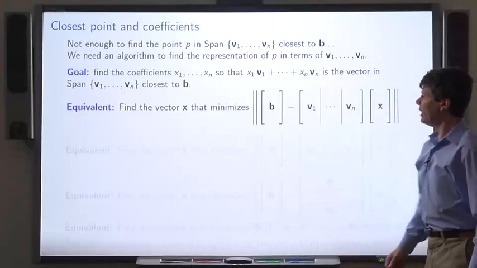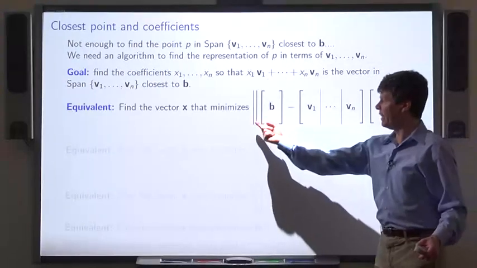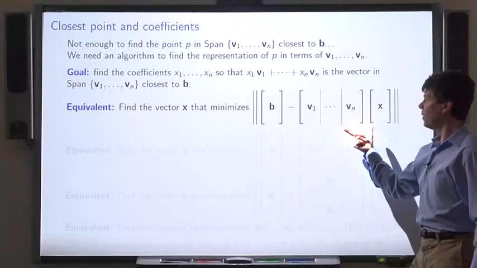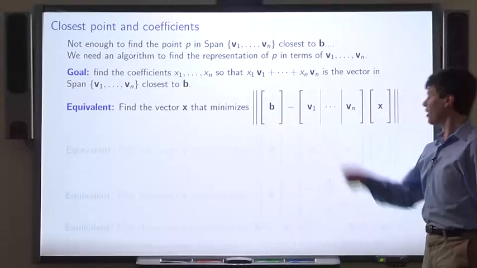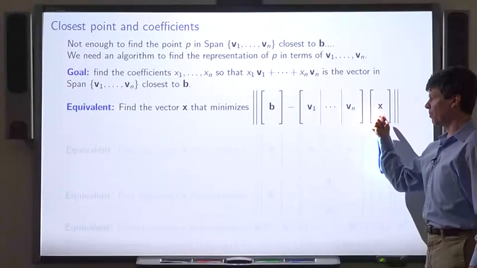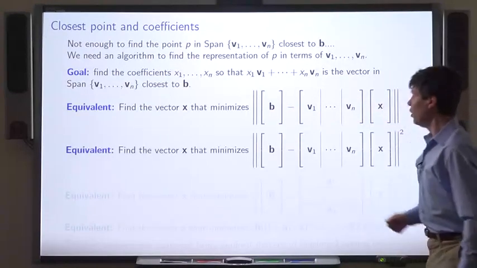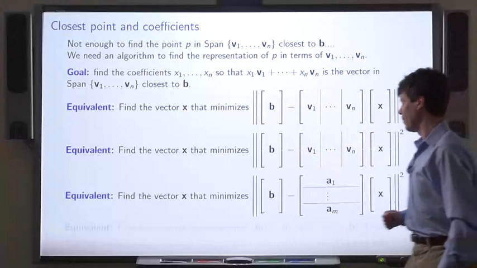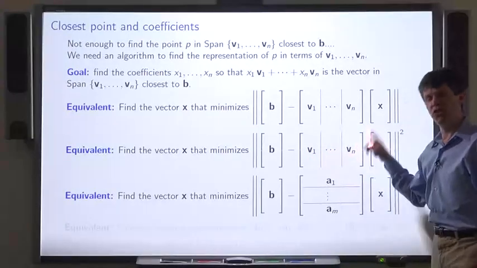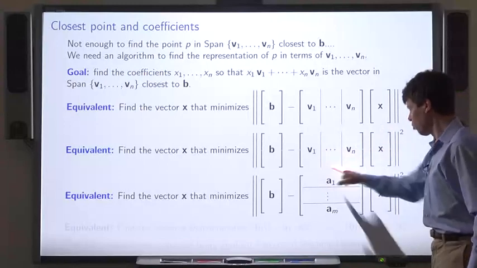I can write that as minimizing the norm of the difference between the vector B and the product of this matrix with this vector. That's equivalent to minimizing not the norm, but the square of the norm. And we can rewrite this matrix not in terms of its columns, but in terms of its rows.